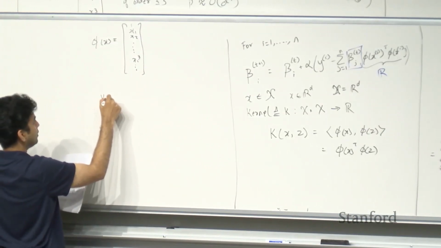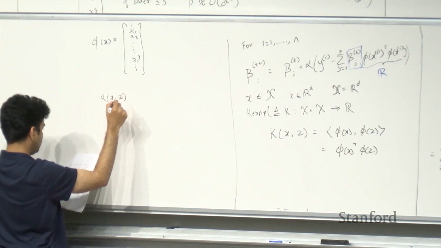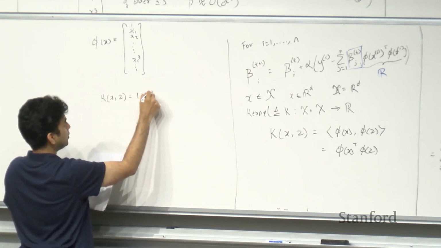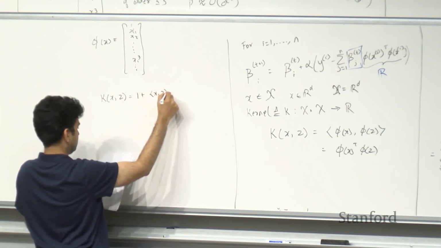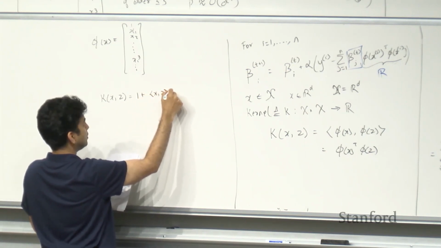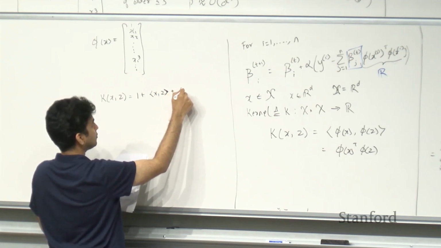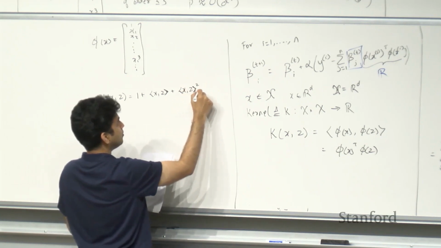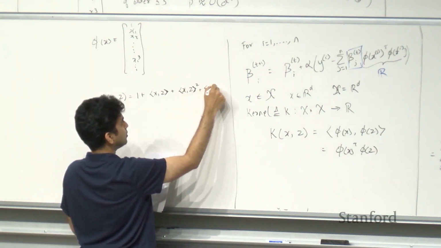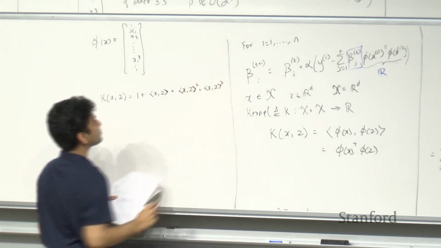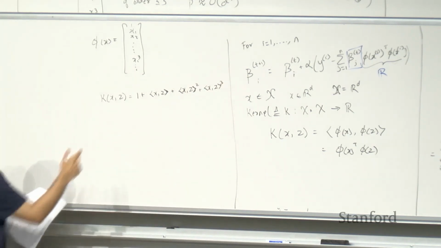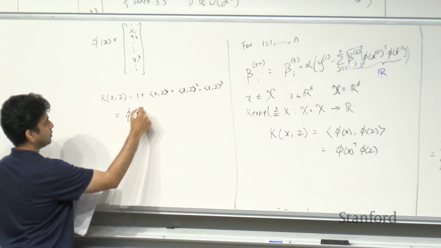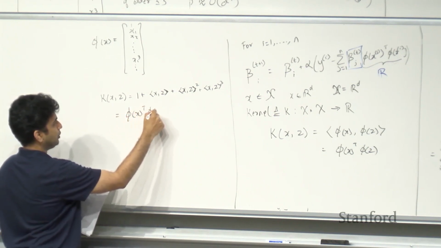So k of x comma z is equal to 1 plus the inner product of x comma z, plus the inner product of x comma z squared, plus the inner product of x comma z cubed, which is exactly the same as phi of x transpose phi of z.